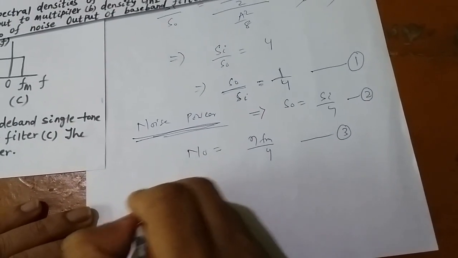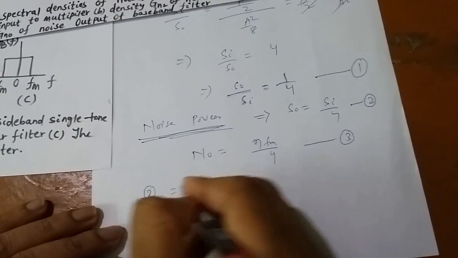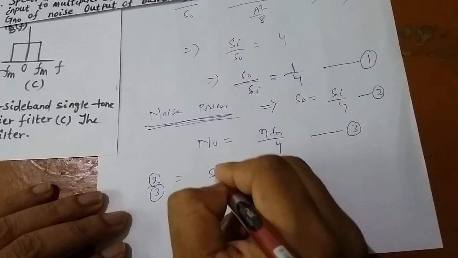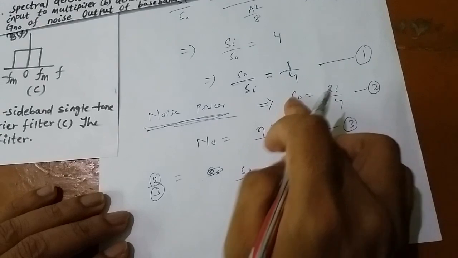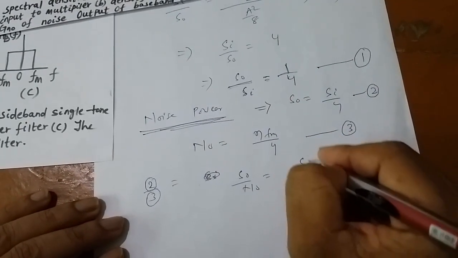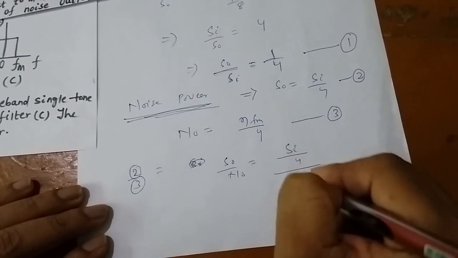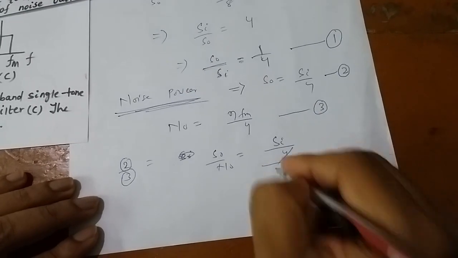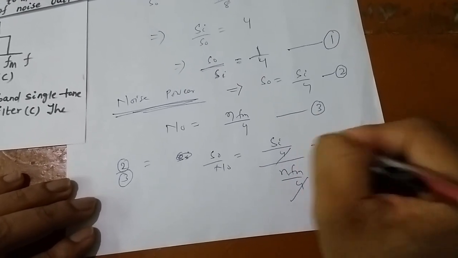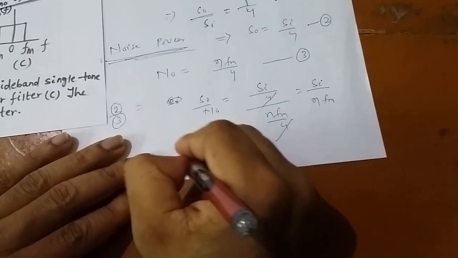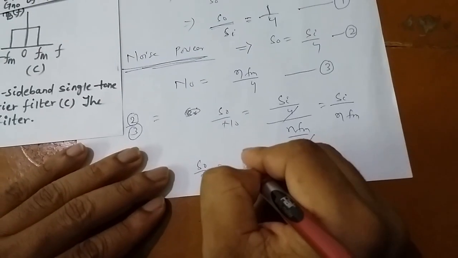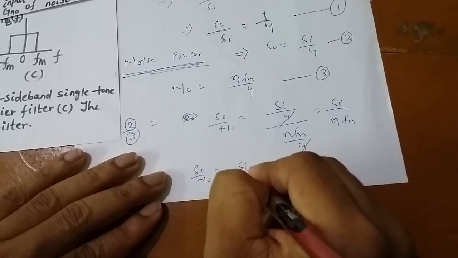Now dividing equation 2 by 3, S0 by N0 is Si by 4 divided by eta fm by 4. This 4 cancels. So this is Si by eta fm. So the signal to noise ratio equals Si by eta fm.